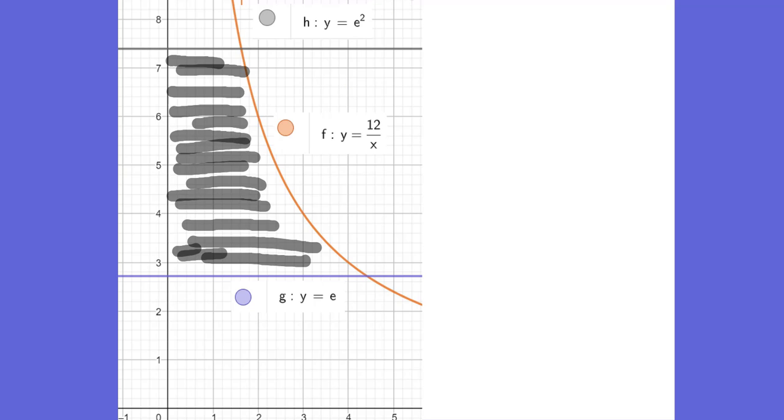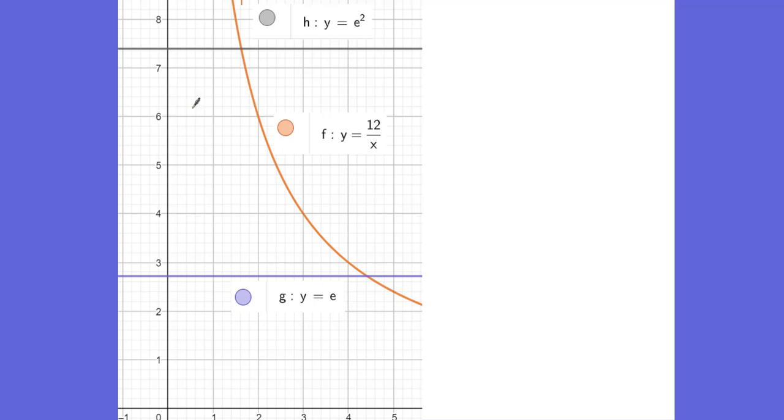And so we're taking a look at my area horizontally, at all of these Riemann sums, or an infinite amount of them, going horizontally. In order to do this horizontally, my limits of integration go from e to the first power up to e squared.